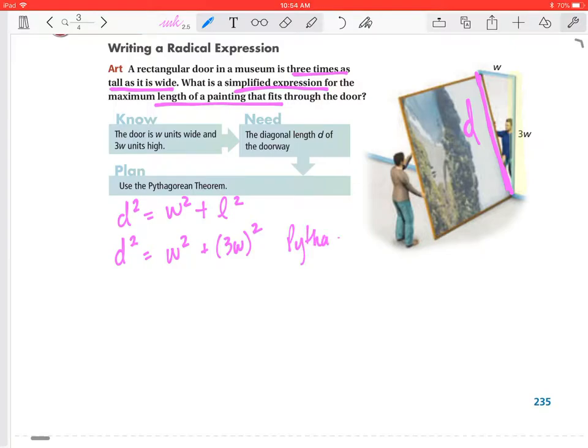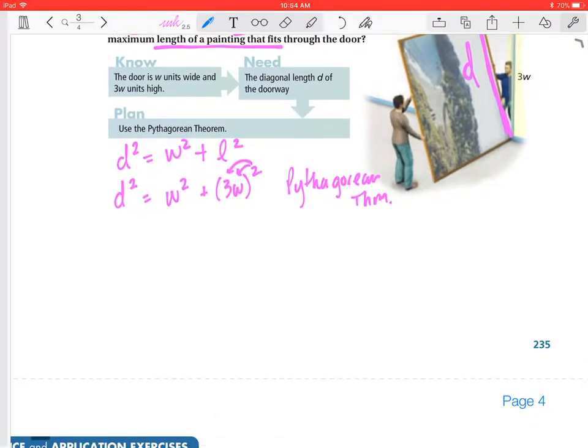This is the Pythagorean Theorem, and I'm going to use the abbreviation THM. Now I'm going to simplify, and I'm going to distribute. Our rules of exponents say that the exponent outside the parentheses needs to be distributed to all of the terms inside the parentheses.